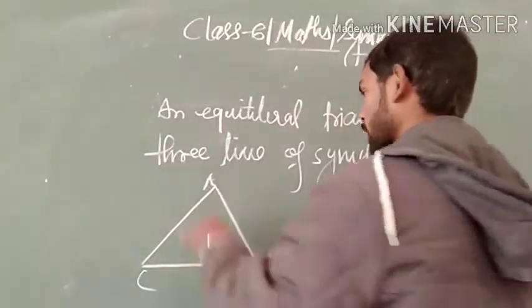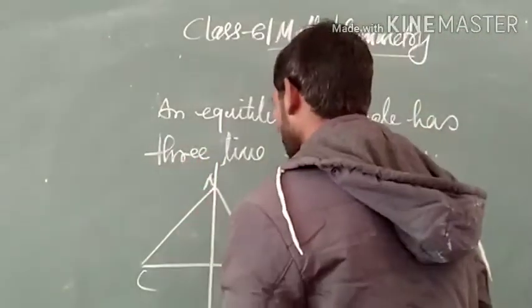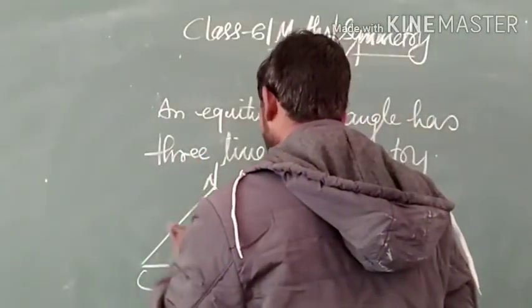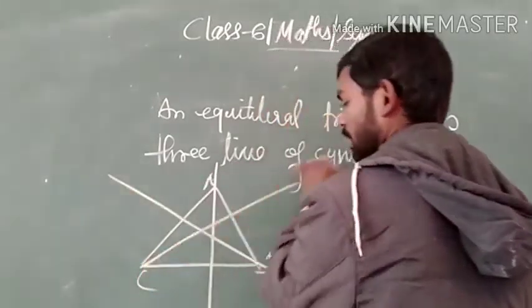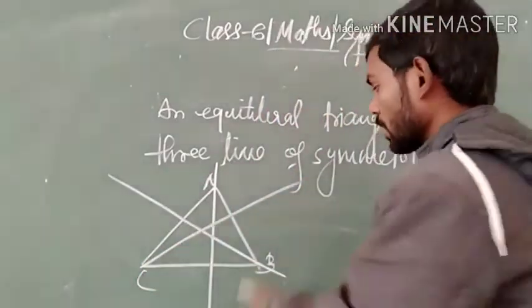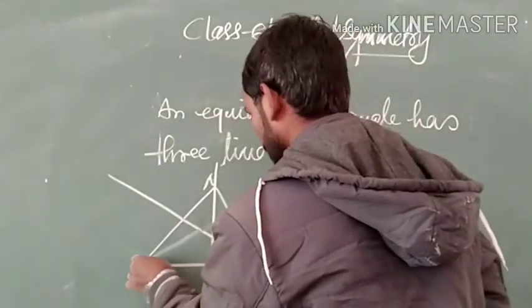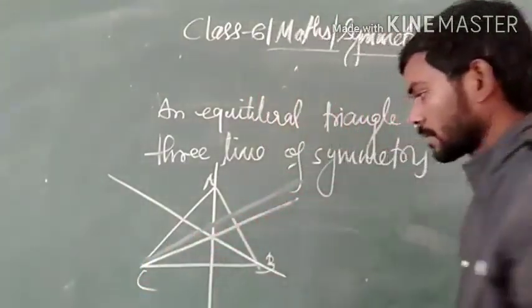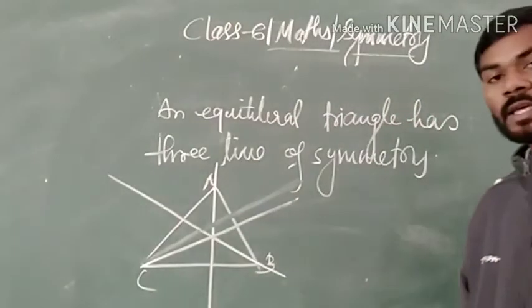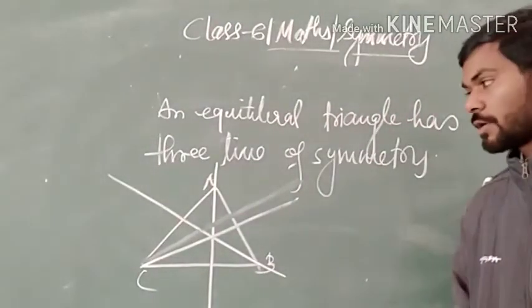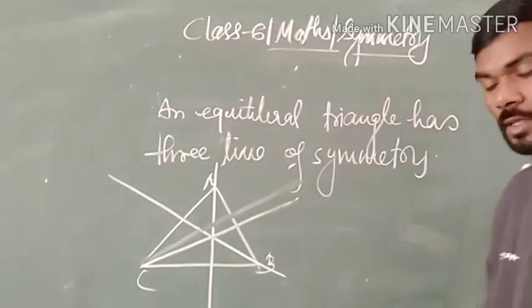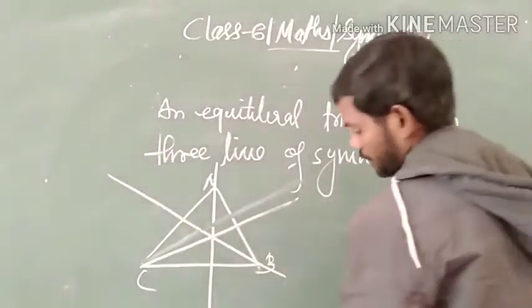Hence it has three lines of symmetry, as you can see in the figure. So an equilateral triangle has three lines of symmetry.